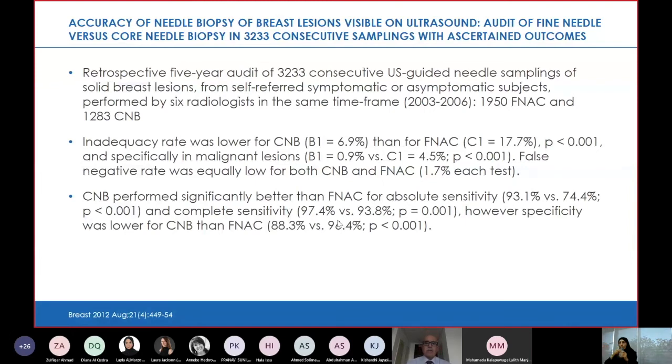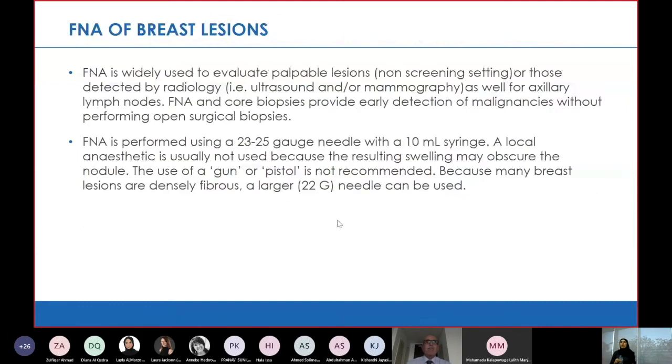Next, please. So if we consider the paradigm and the main criteria for FNA of breast lesions, we see that nowadays, predominantly in the countries with population screening, such as the UK, but actually most of Europe, it is widely used to evaluate palpable lesions, especially in the younger age group, lesions which are not suspicious but are most likely fibroadenomatous in nature, or fibroepithelial.